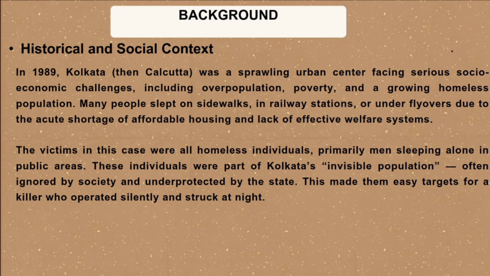These individuals were part of Kolkata's invisible population, often ignored by society and underprotected by the state. And that's why this made them easy targets for the killer, who operated silently and struck at night.